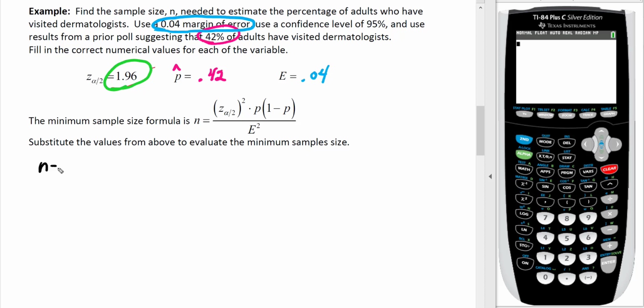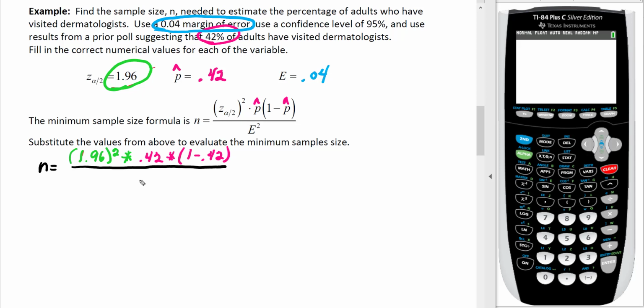Our formula says n equals, and we're going to take our z sub alpha over 2, and remember in this case it's going to be 1.96, and we're going to square it, times our p hat, which is 0.42, and then times 1 minus p hat, so 1 minus 0.42, divided by the margin of error squared.